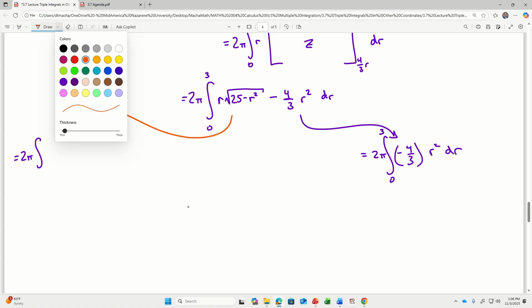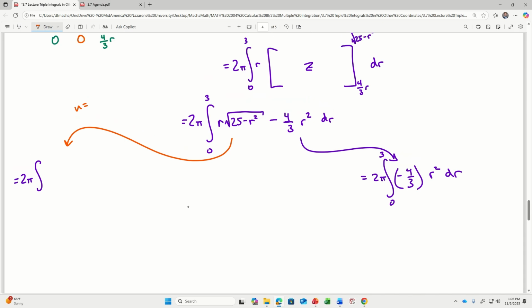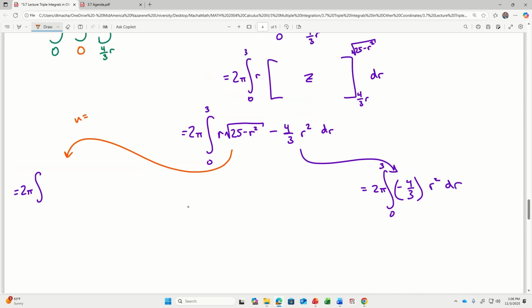What should I choose for u over here? It's 25 minus r squared. So there's going to be a negative half.